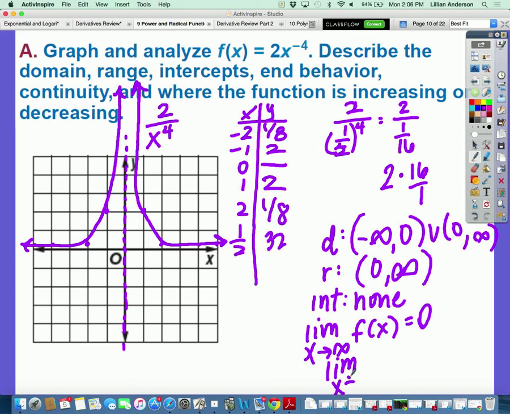What about my left end behavior? What's happening as x gets closer to negative infinity? What's happening to my y's? 0. Is it continuous? What type of discontinuity do I have? Infinite discontinuity. You guys will have enough space, correct?